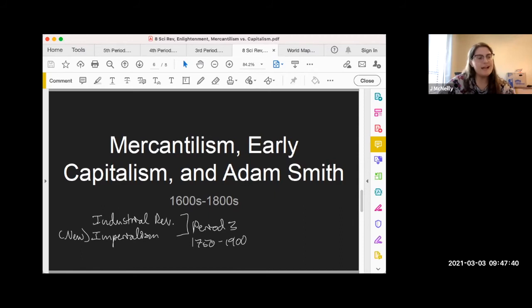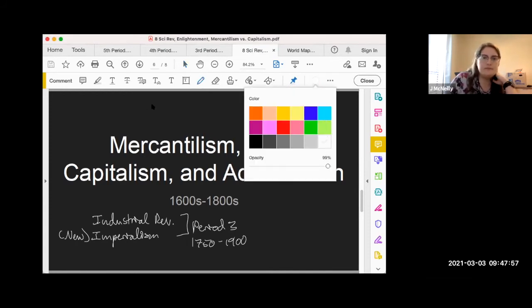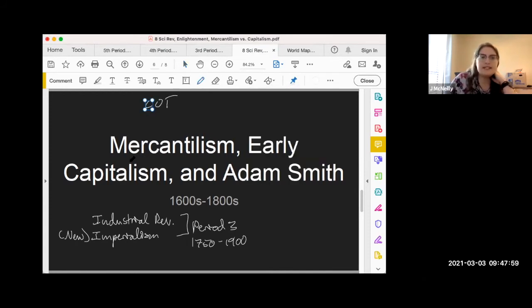Well, if you can apply it to society and to government, social and political, there are going to be some people who want to apply natural laws to the economy. So this is where we're going to see a change over time, from mercantilism to capitalism. Okay, mercantilism was the main economic theory in old imperialism.